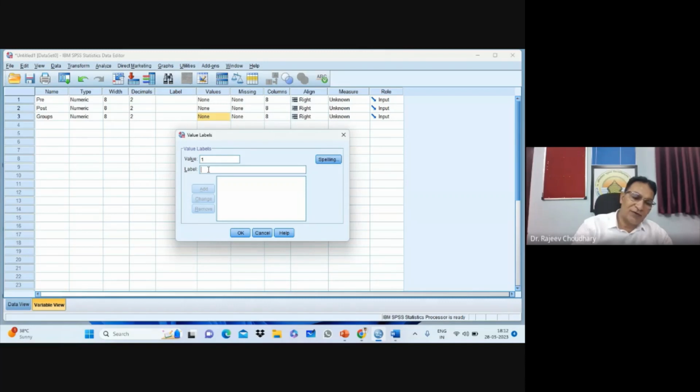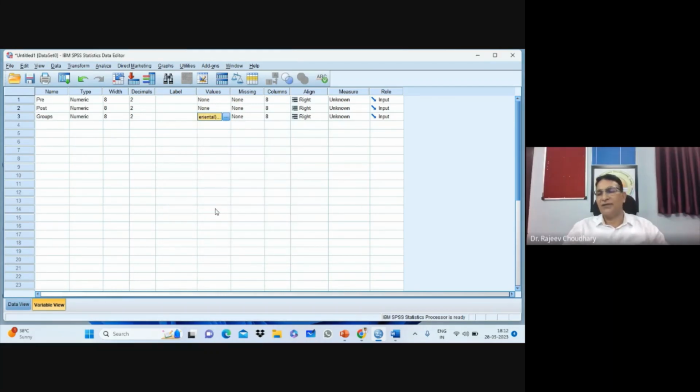Write down experimental group. Add 2 means control group. Add. Is it okay? Yes, sir. Data entry is complete.